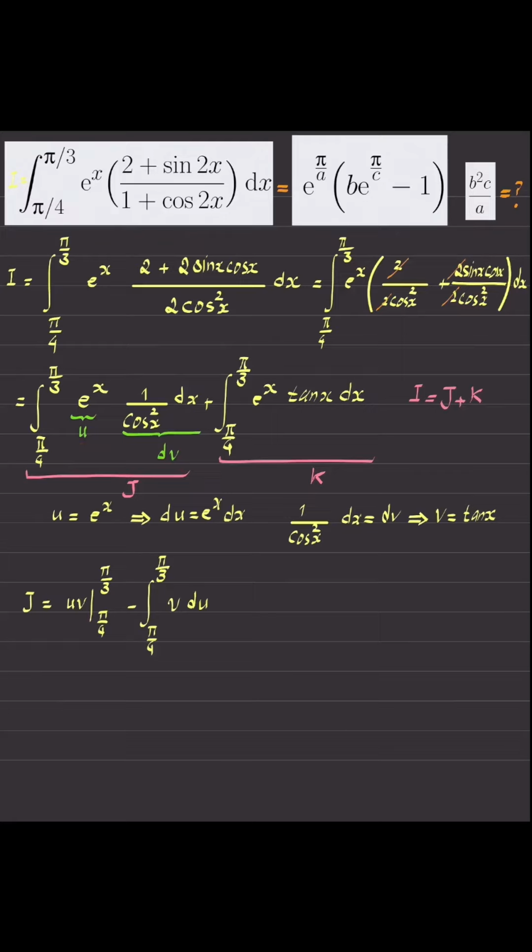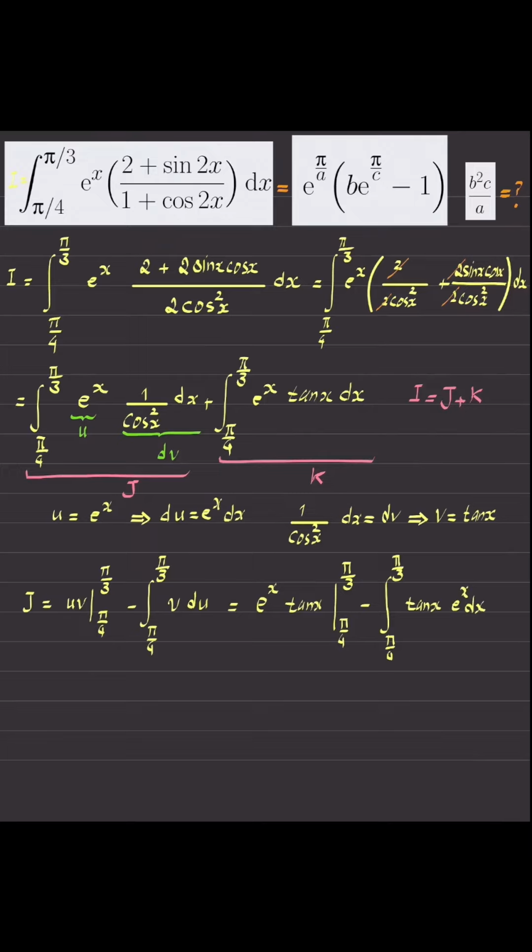So what is uv? u is e to the power of x, v is tangent x. This goes from pi over 4 to pi over 3, minus integral from pi over 4 to pi over 3 v du. But v is tan x, du is e to the x dx.